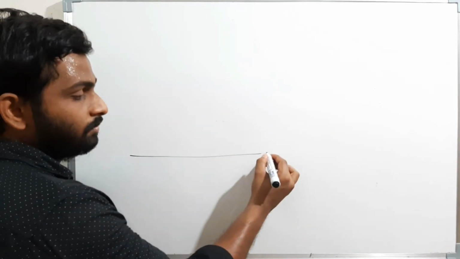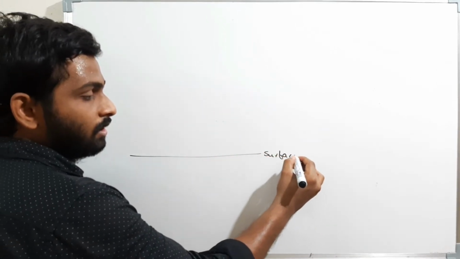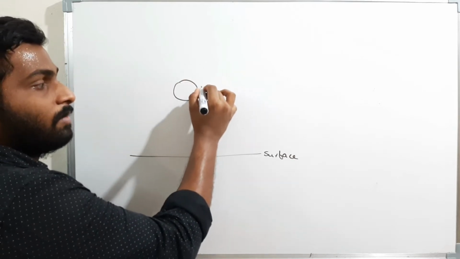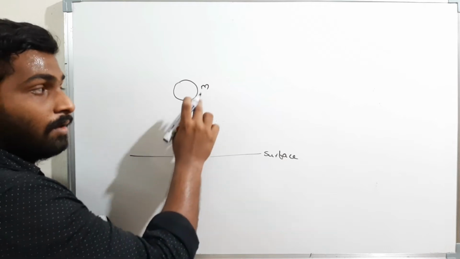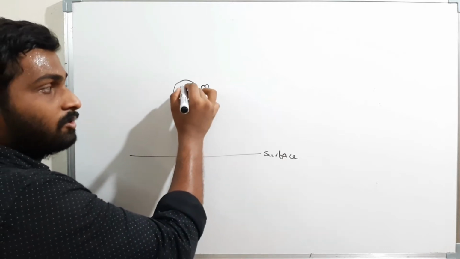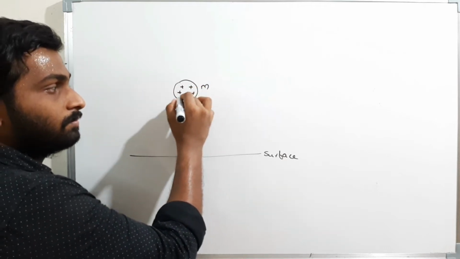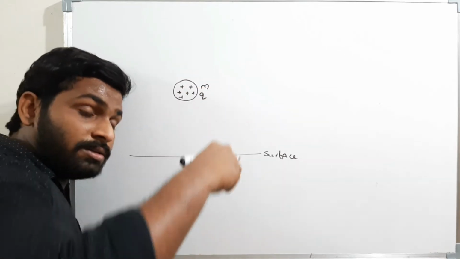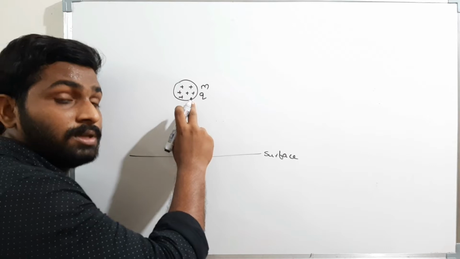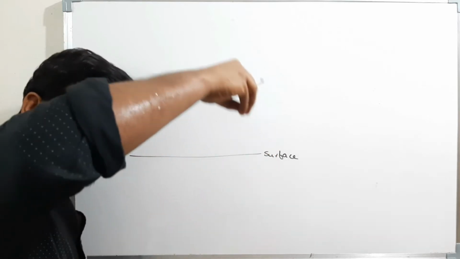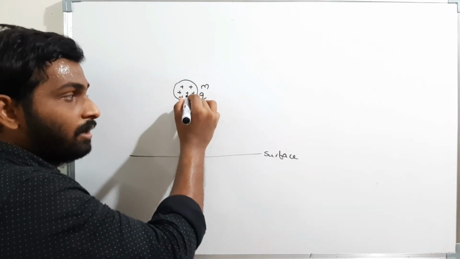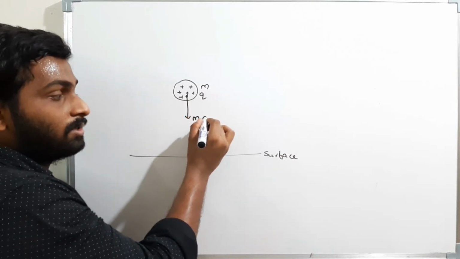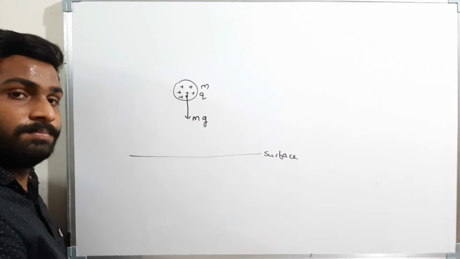Now see here. This is the ground, this is the surface, and now I am placing some charge of mass m and some charge q, positive charge. There is some gravitational force, it is placed in the air, so there will always be some gravitational force acting downwards, which is nothing but the weight, m into g.